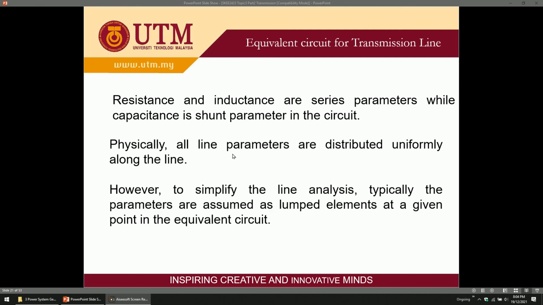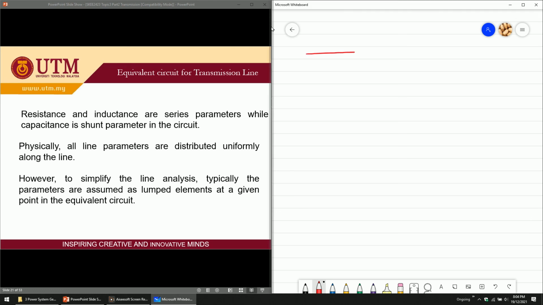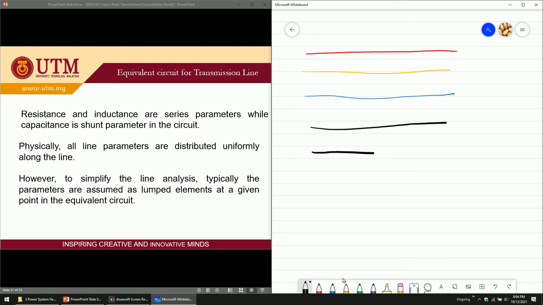Physically, all the line parameters are distributed uniformly along the line. This means that, maybe I should draw this. Let me pause this. Basically, you have a three-phase transmission line, red, yellow and blue, a very long line. We simplify it as a single phase, something like this.